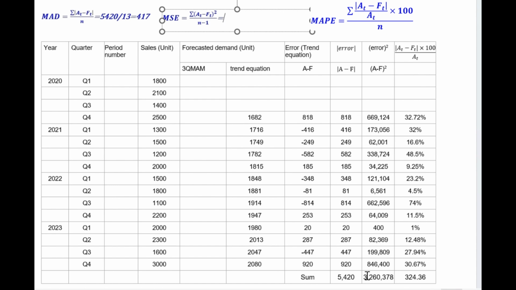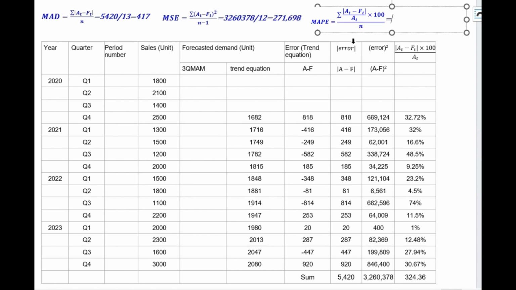So it is 3,260,378 divided by 12. This is equal 271,698. While for the MAPE, it is equal to the summation of the percentage of the error divided by n. So it is equal 324.36 divided by 13. This is equal 25%.